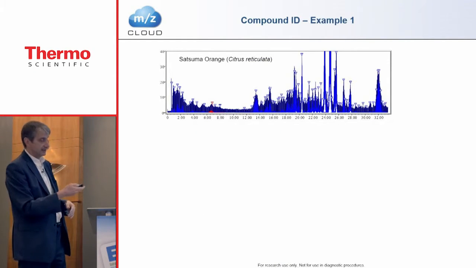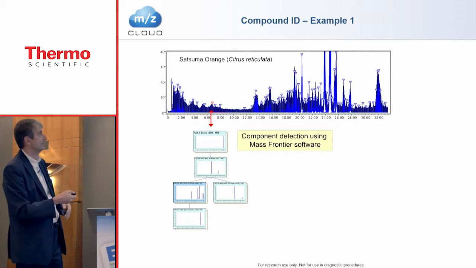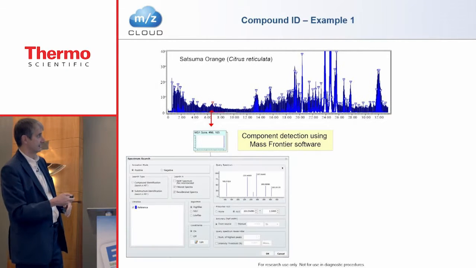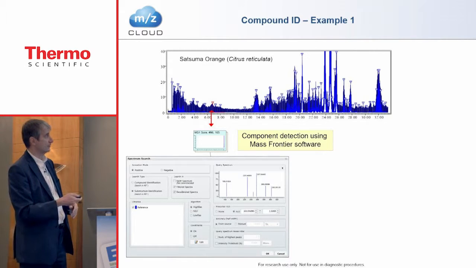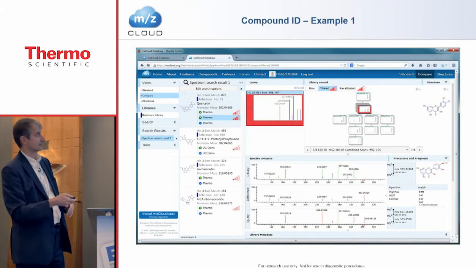So this is an example from metabolomics. This is an extract from an orange. We have an unknown component here. This is a spectral tree. Using Mass Frontier, we have extracted the tree. Then we search the tree in mzCloud. This is our hit list, and this is actually the substructure.